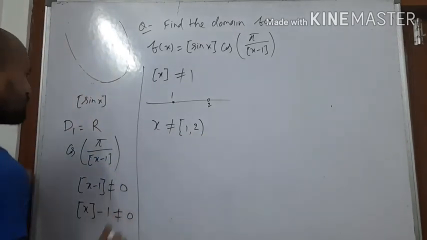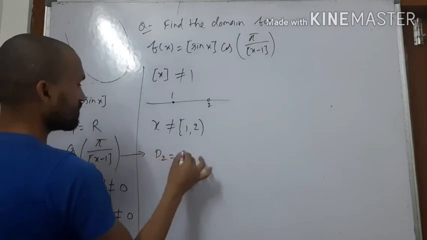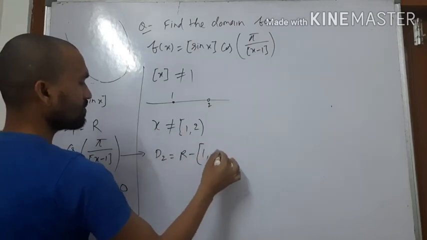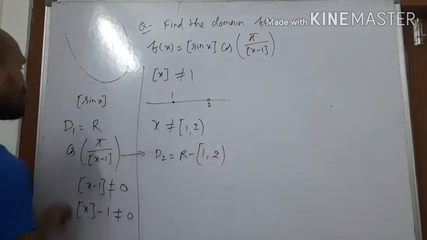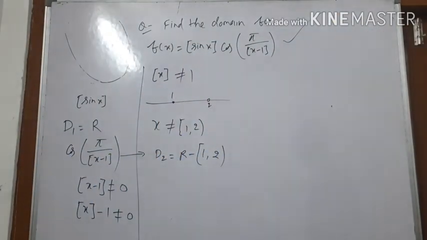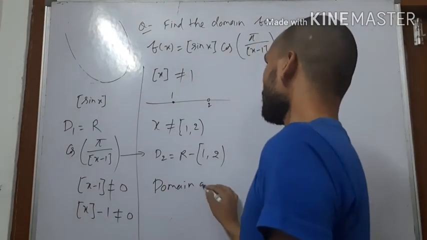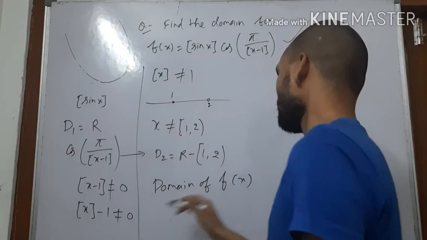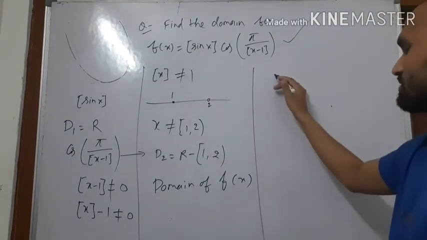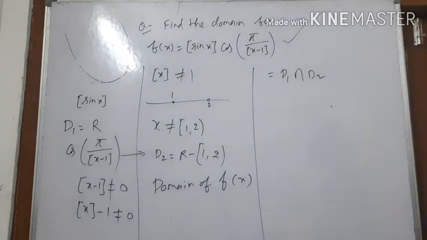So the domain D2 of this function will be D2 equals R minus the interval [1, 2). Now we have to find the domain of the combined function, that is the domain of f(x). The domain of f(x) is D1 intersection D2.